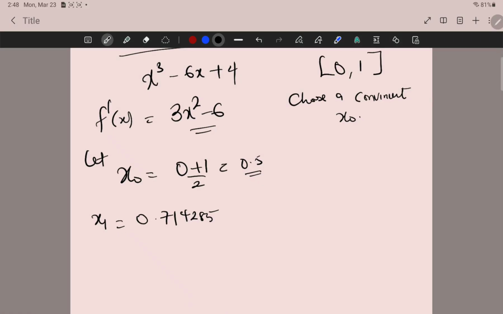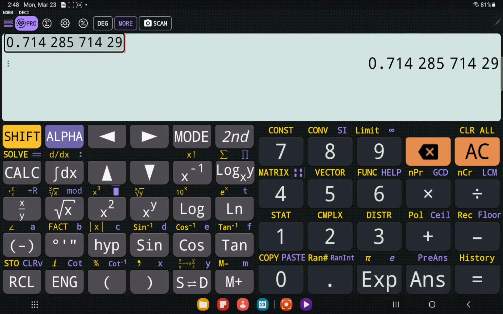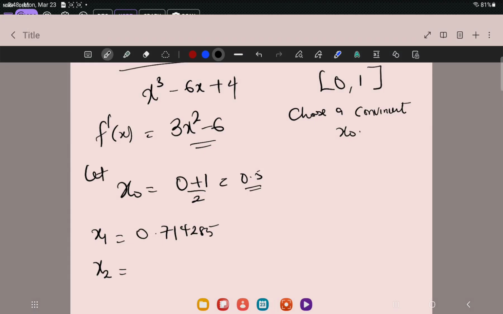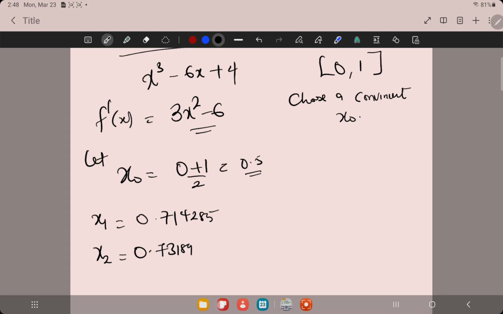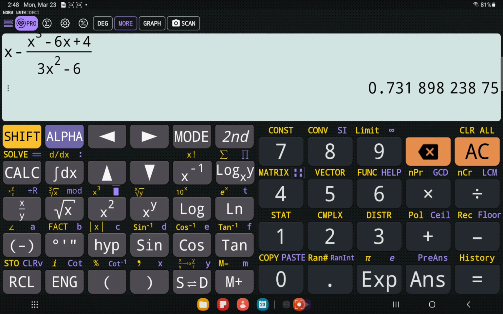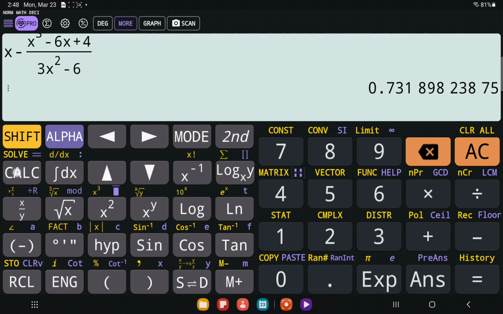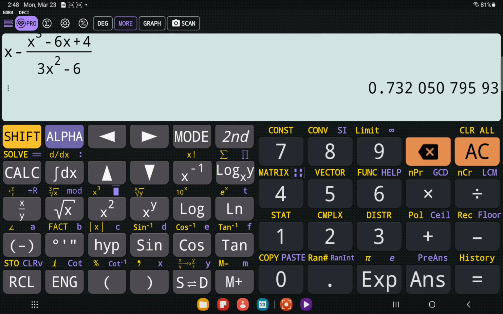Okay. Then what will be x2? You just simply tell it to calc at ans. Calc at ans. 0.73189. Right? Then you tell it to calc at ans, the previous answer. 0.7321.